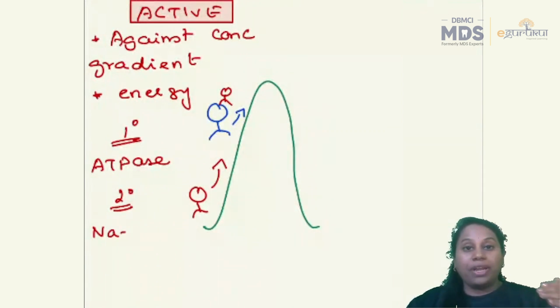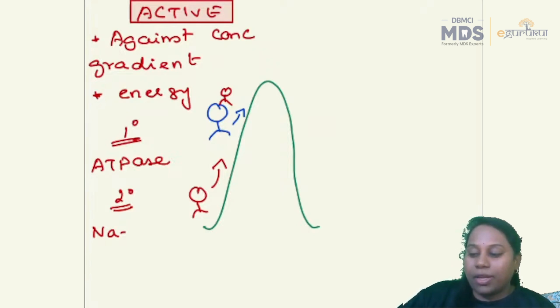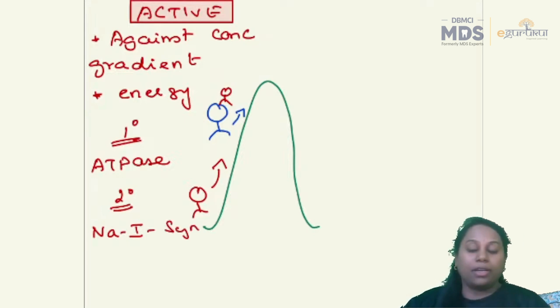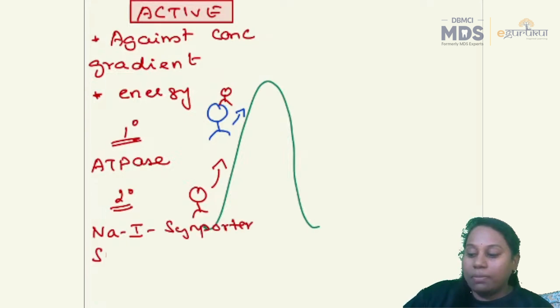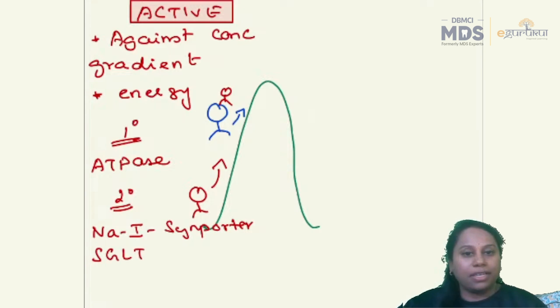Along with sodium, dependent on sodium, if any other substance is transported, that is called secondary active transport. Examples: the sodium iodide symporter, present in the thyroid gland, or the sodium glucose cotransporter, SGLT, in the intestines and the kidneys.